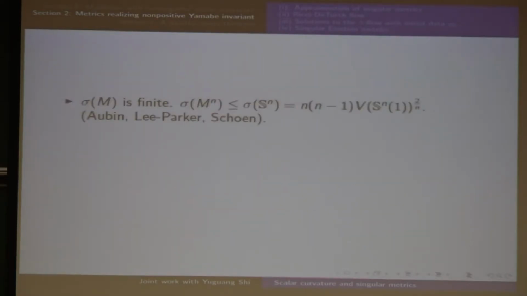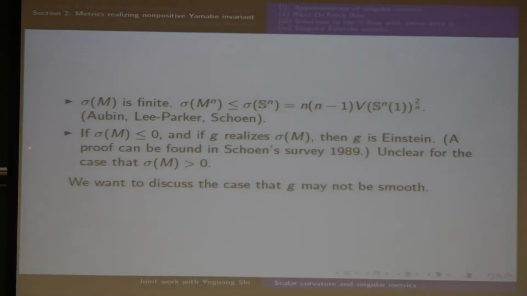Well, we know that sigma M is finite because sigma M is always less than or equal to the sigma of the n-sphere, which is the right-hand side. If sigma M is non-positive, then we have a certain kind of nice property.